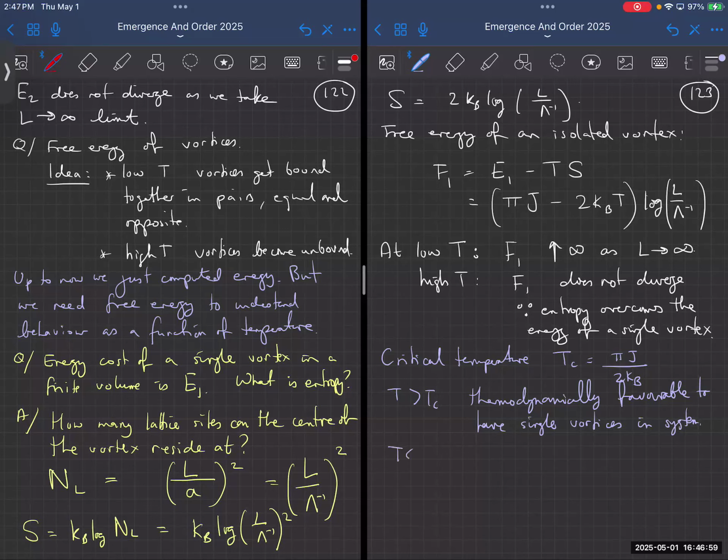And for temperatures less than Tc, it is not favorable, and the vortices will form bound states.